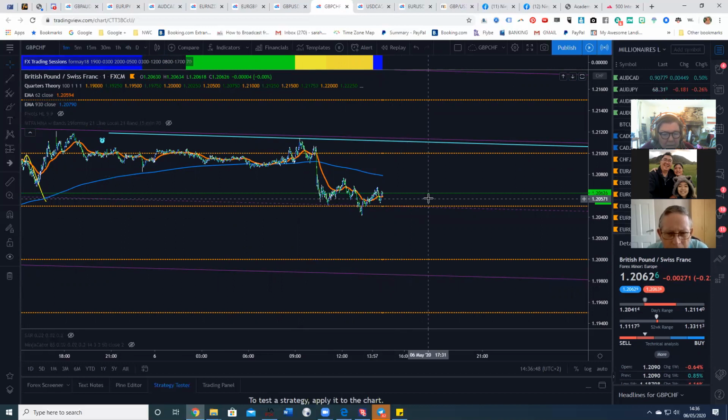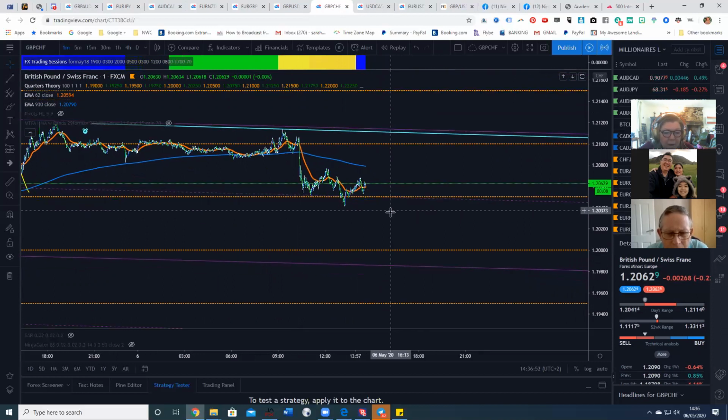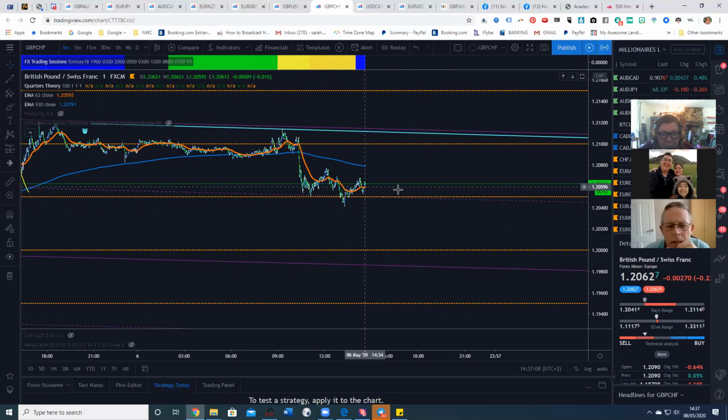This is quite a slow moving pair, medium to slow, I think. So at the moment, it's not doing very much. So until it decides it's going to break through that line of 1.20500, there's no trade here because it's just waffling its way along between the 62 and the blue one, which is the 15-minute.